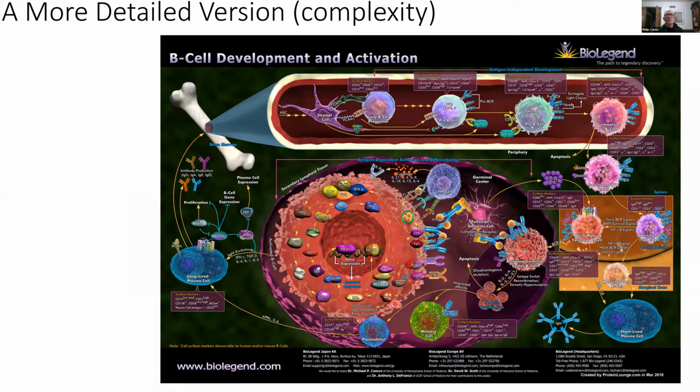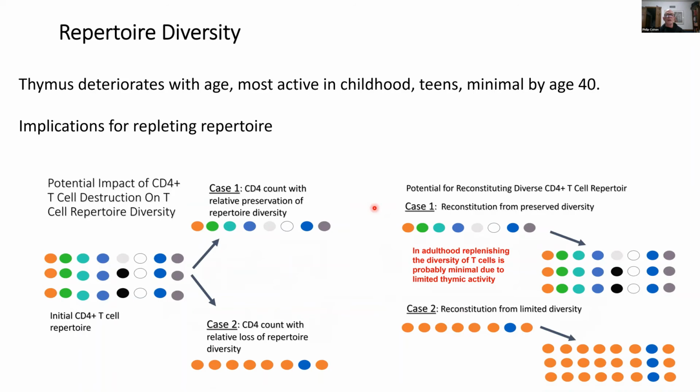Okay, and just to show you that you can make this much more complex, something that's important is that in T cells, the repertoire depends on the thymus, and the thymus deteriorates with age. When I was in medical school, it was taught that the thymus is pretty much inactive by the time you're 20 years old. That's probably not quite true, but it certainly deteriorates with age.